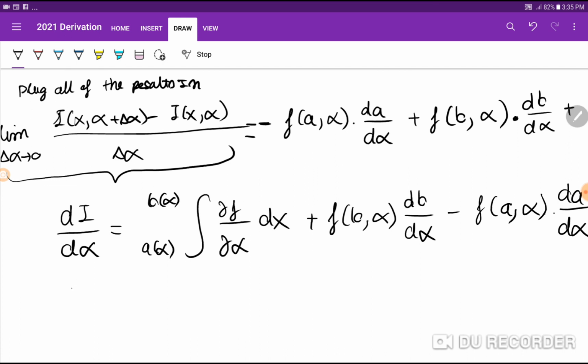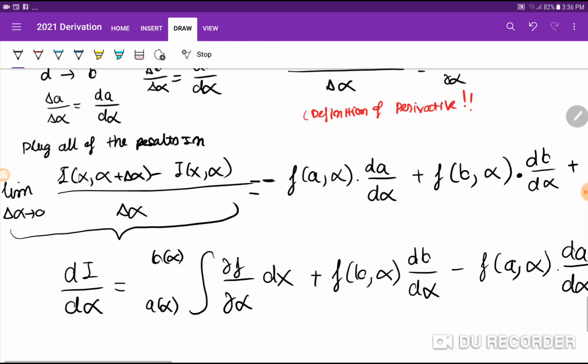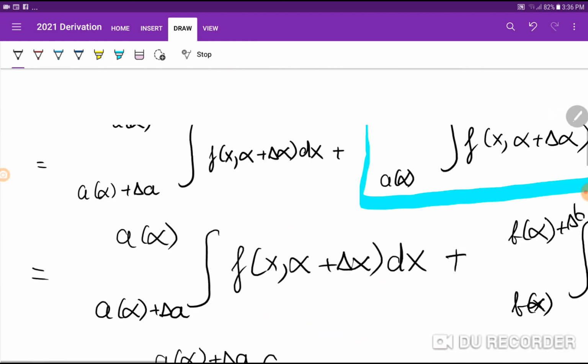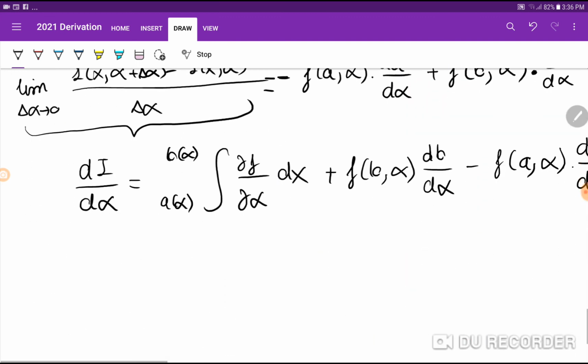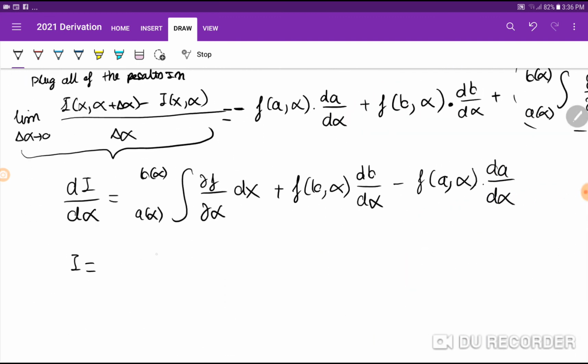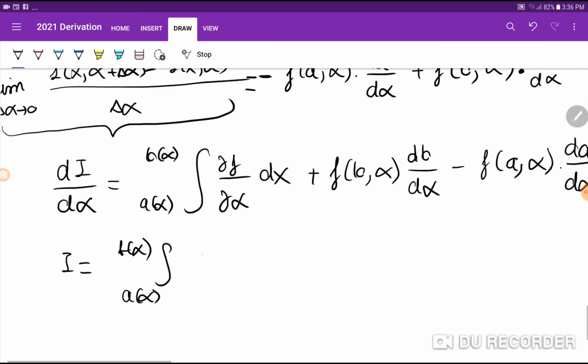And what is I? Let me see our original definition of I. I is the integral from A(alpha) to B(alpha) of f(x, alpha) dx.